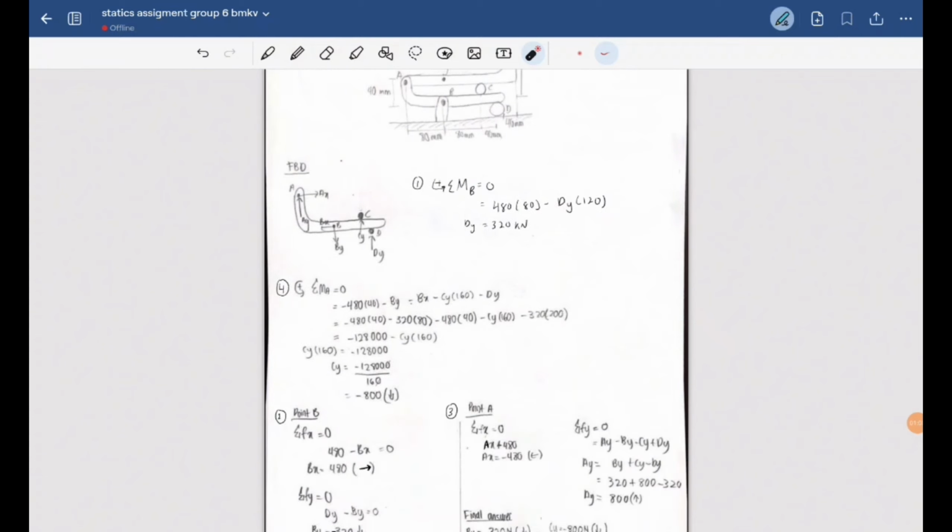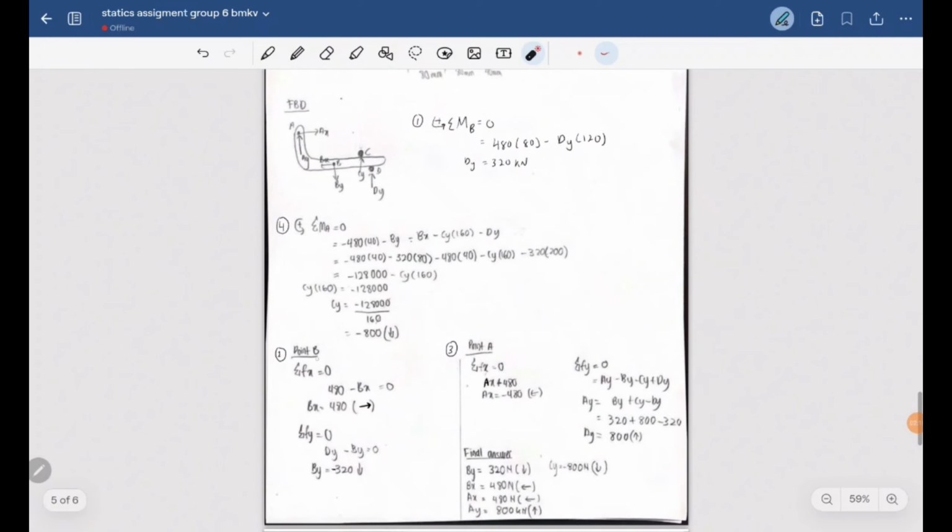For the first step, we draw the free body diagram at points A, B, C, D. After that, we take the moment at point B equal to 0. Point B, 480 and the distance is 80, minus dy and then the distance is 120. So we calculate it, we get dy is 320 kilonewton.